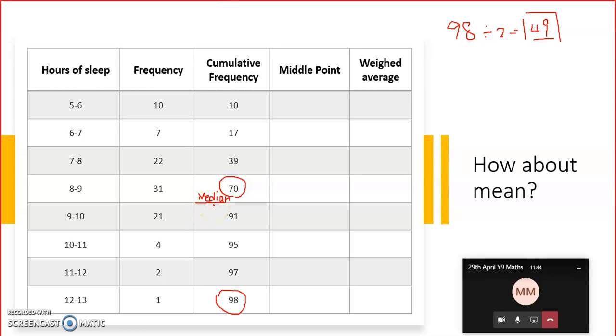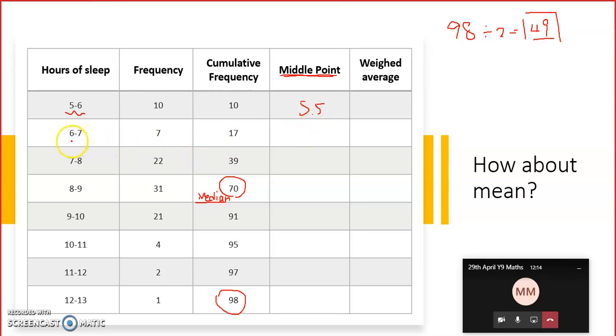Now the tricky bit will be the mean. The mean is arguably the most difficult one to find. To be able to find that, we need to first generate a concept called the middle point of each group. So what does that mean? That means for the first group, if I have 5 to 6, the middle point of that will be halfway between 5 and 6, so 5.5 basically.